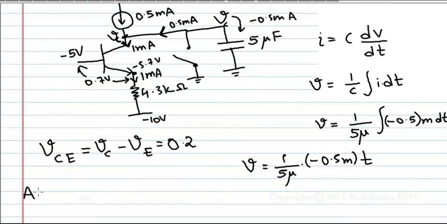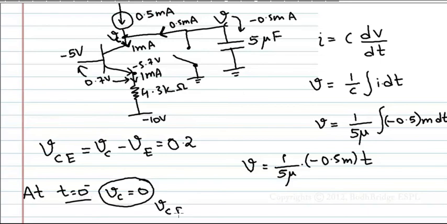From minus infinite time up to 0 minus, what is VC? It is equal to 0. What is VCE? 0 minus VE, and VE is minus 5.7. Therefore it is 5.7 volt.